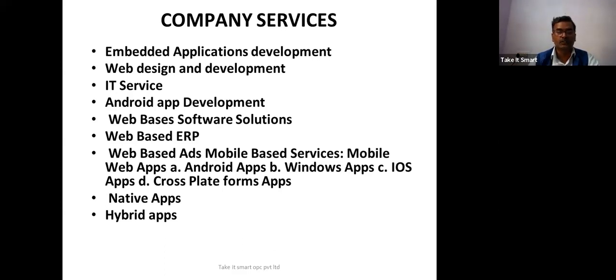Different types of apps work on different types of mobiles, so we require different platforms and different technologies to develop. Android is there, React Native is there, and many more. So cross-platform apps: some apps work on both Android and Mac. Native apps are there, hybrid apps are there.